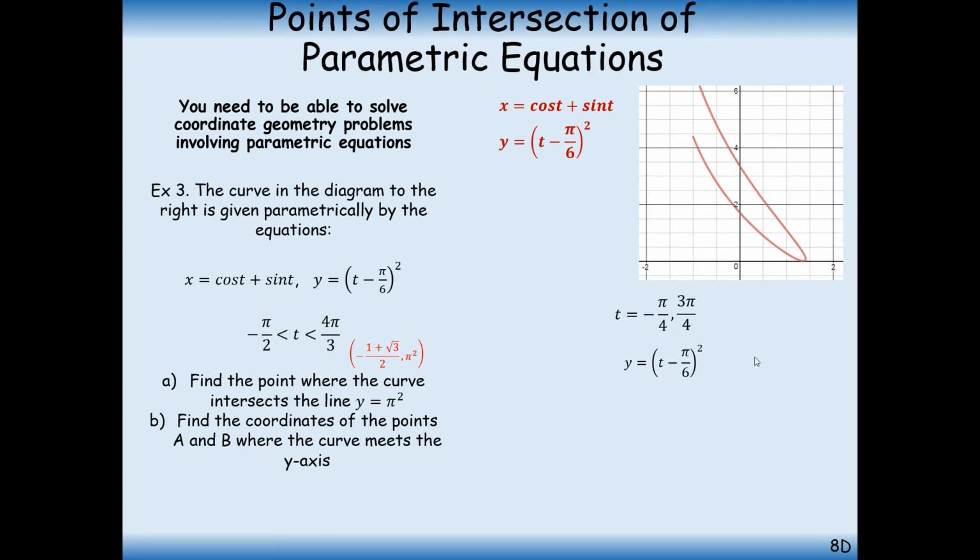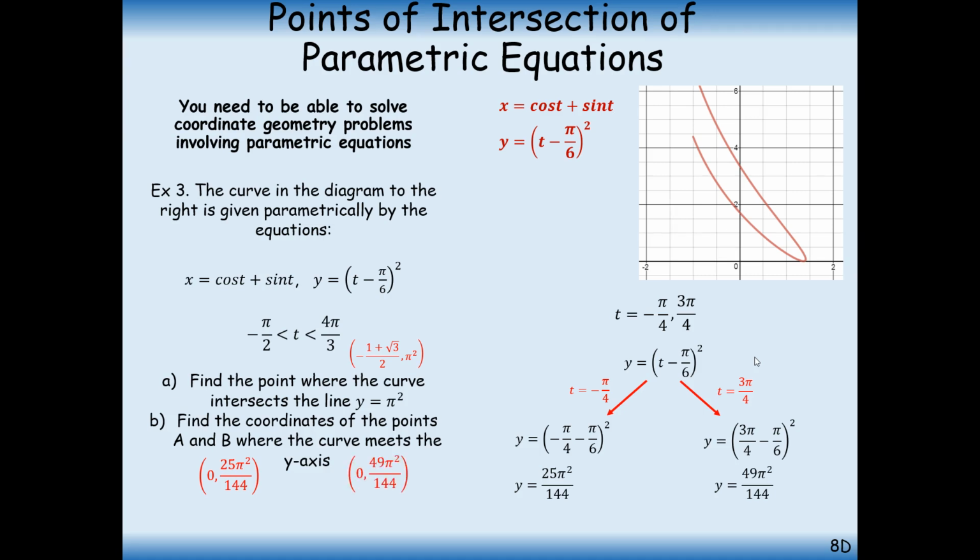So substituting these two values into the formula for y, one of the answers comes out to be 25 pi squared over 144, and we pair off both of them with 0 for x because we know the value of x will be 0.